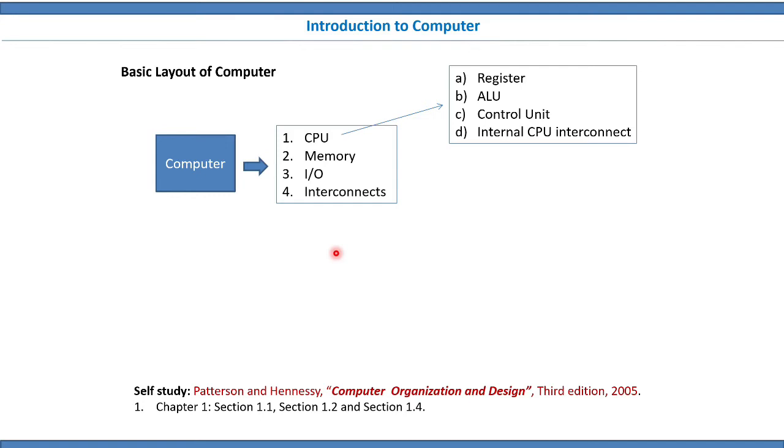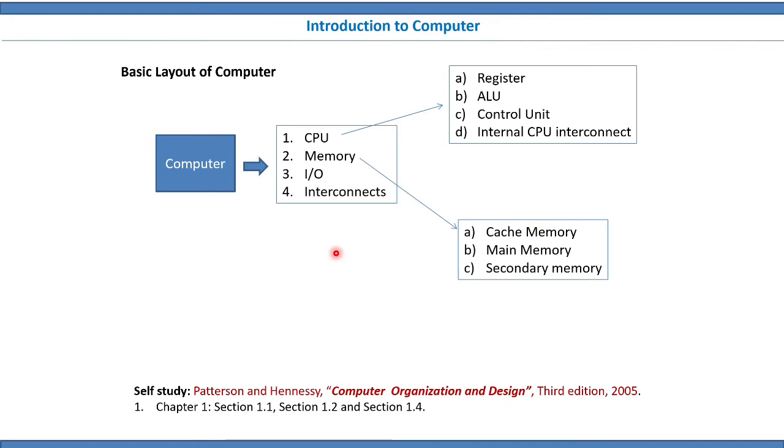And if we go to the different memory components of a computer: cache memory, main memory, and secondary memory. Secondary memory means the hard disk, main memory means the RAM, and in detail we'll explain what cache memory is. But actually, cache memory is part of a CPU, and that's why it is called on-chip memory. If we go to a market and purchase a processor, for example an Intel i7 processor, the cache memory will be inside that processor.